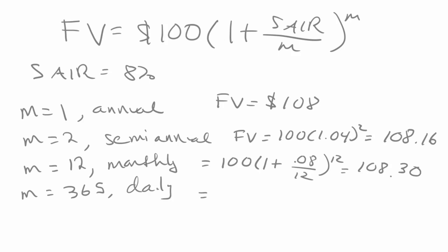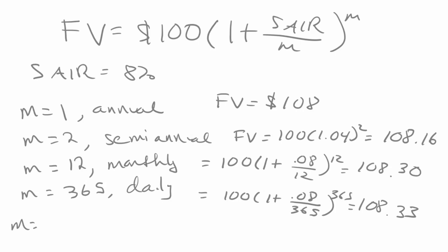So this M is a frequency per year, so that's 365 times per year. What's that? Well, that's $108, and we'll do some rounding, 33 cents. You know, if we really wanted to, we could compound every second. That would be 31,536,000 times a year.